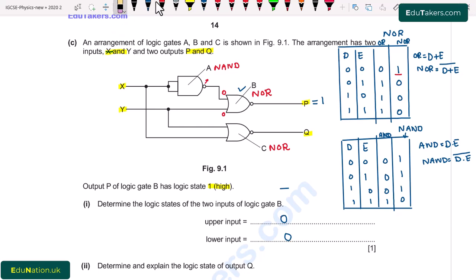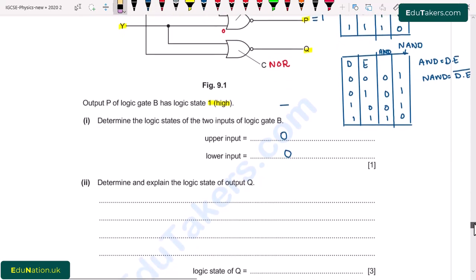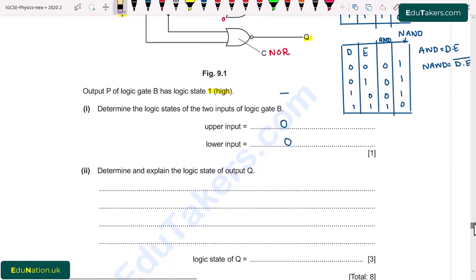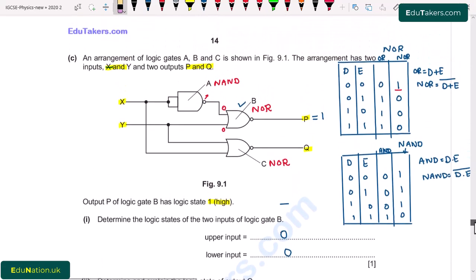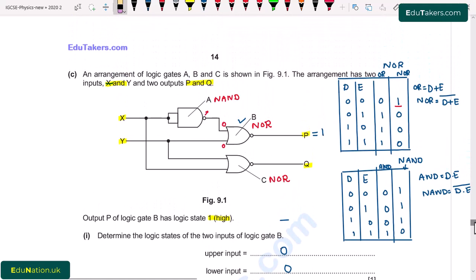Moving towards the other part of this question. Determine and explain the logic state of output Q. Here we have to explain the logic state of output Q. First of all, you can see here this is the input 0.